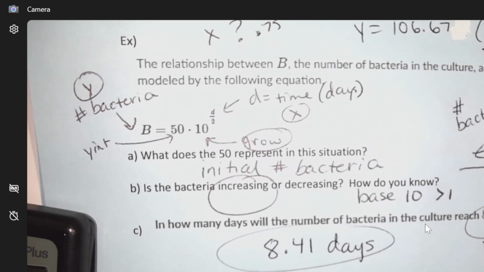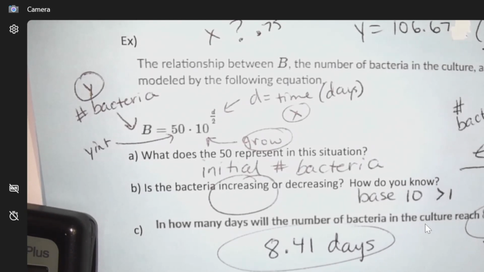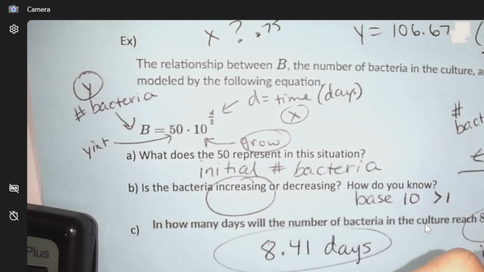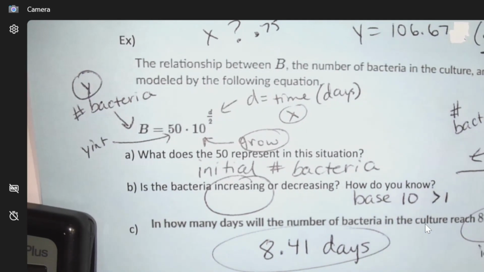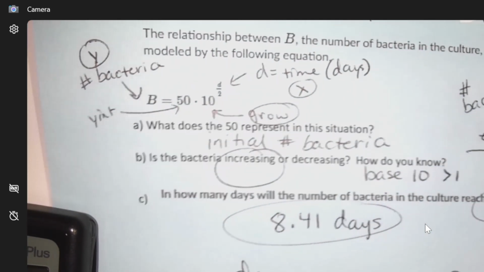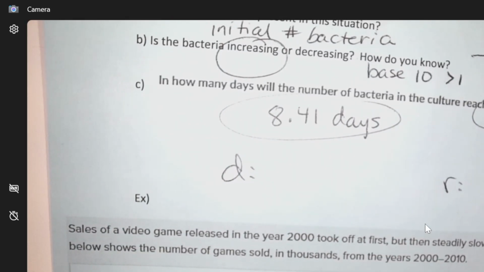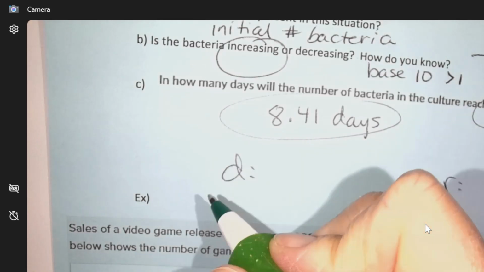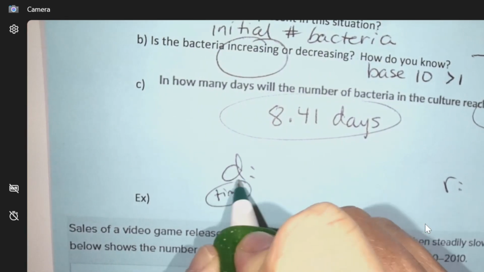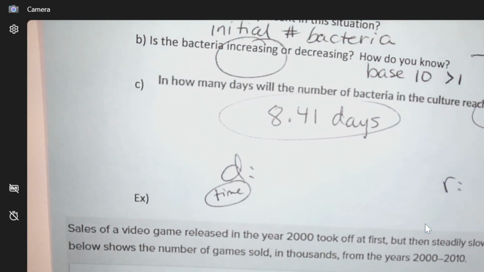Okay, let's talk about domain and range because I feel like that's our problem. Domain is the time. Where did we start out with our time?